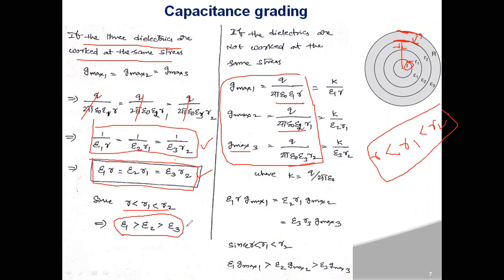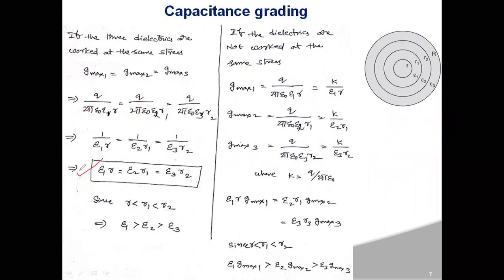From this you can say that you have to place the dielectric materials in such a way that the material nearest to the conductor has the highest permittivity, and the permittivities of the other materials go on decreasing as you move from conductor to sheath. Remember, this is the condition only for the case when the dielectric stress is the same at all the layers.